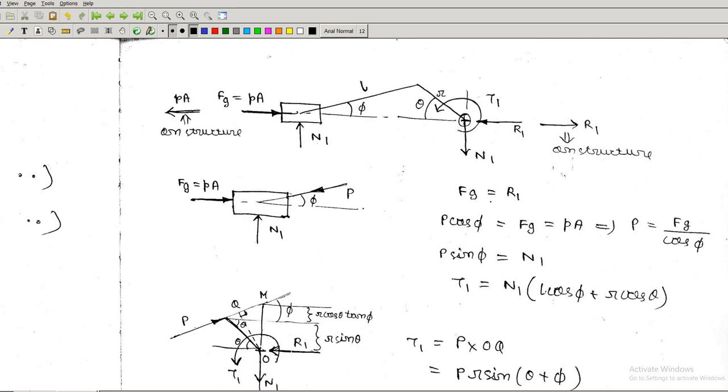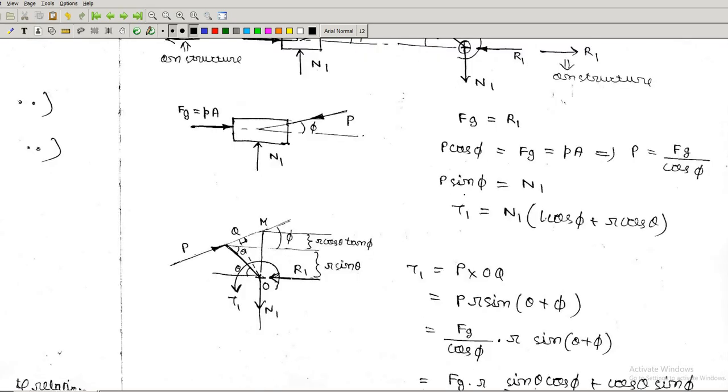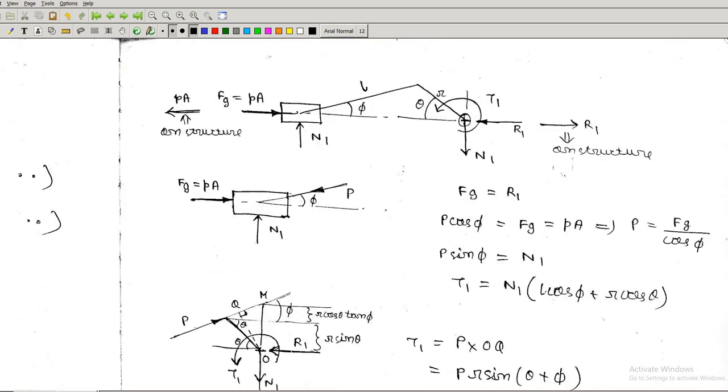So under these three forces, this is a system of concentrated forces under equilibrium. So Fg equals P cos phi, and P sin phi is equal to N1, and this N1 is actually T1.